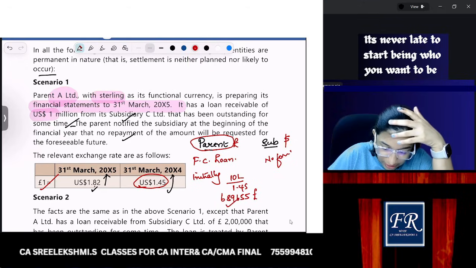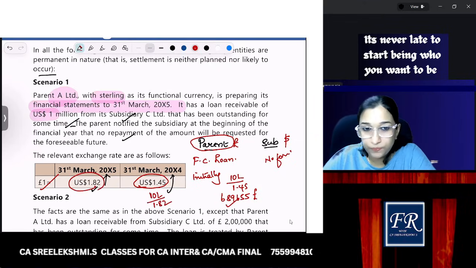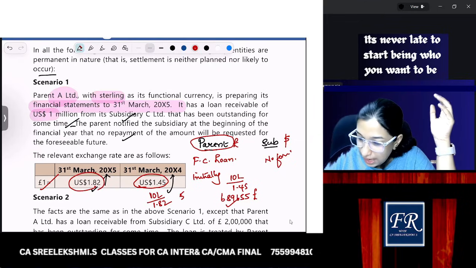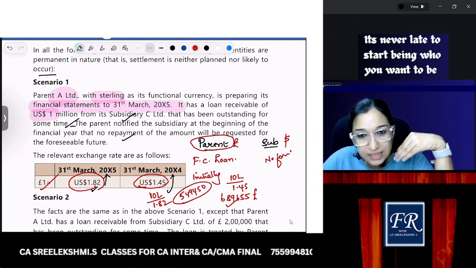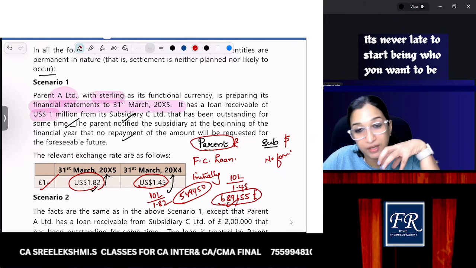Subsequently, when there is a change in the exchange rate, 10 lakh divided by 1.82, the loan receivable has become 5,49,450. As a result, initially this was 6,89,655 pound.